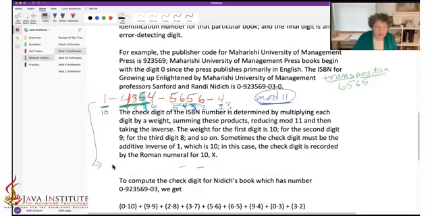1 times 10 is 10. 4 times 9 is 36, that's 3. 3 times 8 is 24. 22 is 0, so that's 2 more. 35 was 2. 6 times 4 is 24.